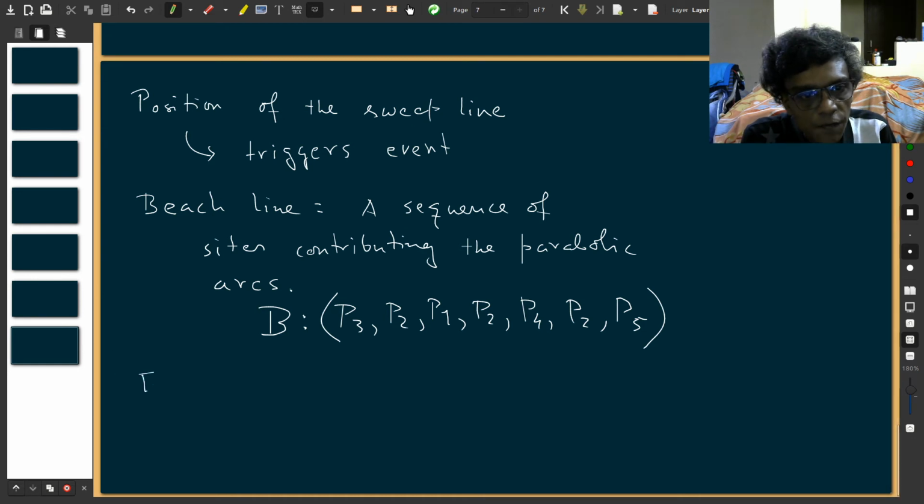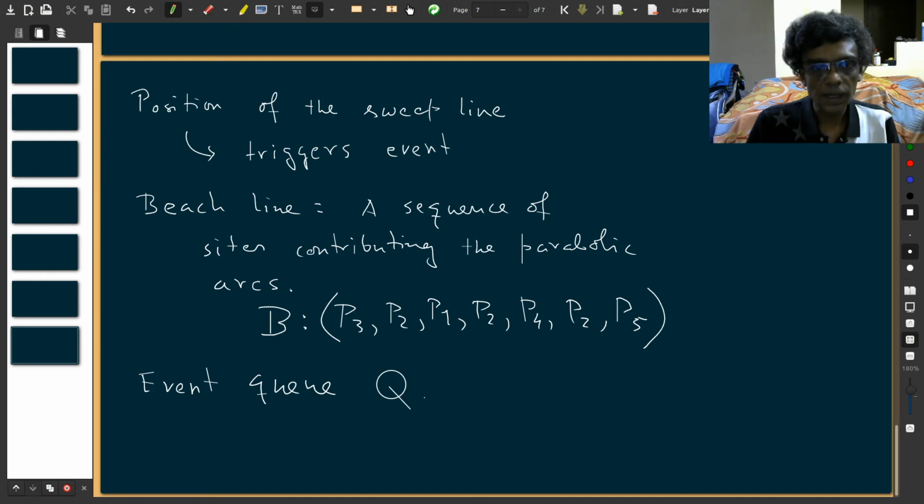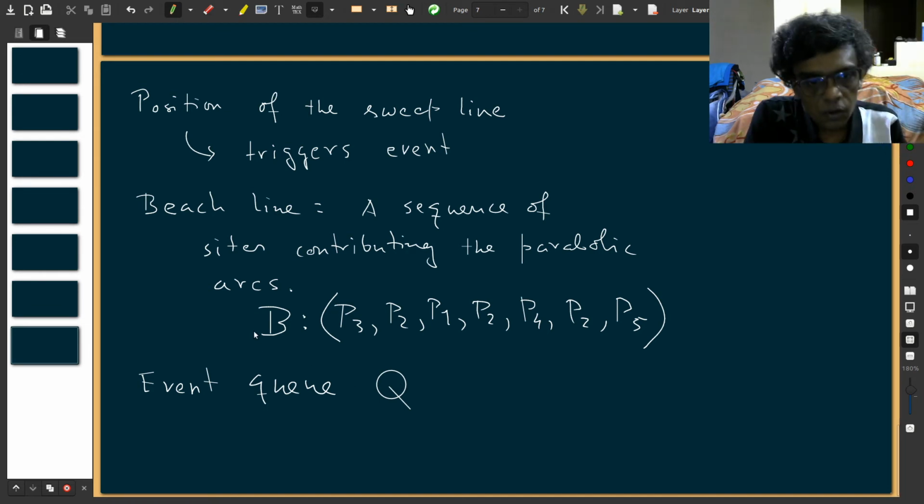Also I should have an event queue. Okay, so call it E or Q, whatever. I am not using Q today, so I can call it Q. So this is an event queue. So this D, Q, sweep line I do not need to maintain explicitly.